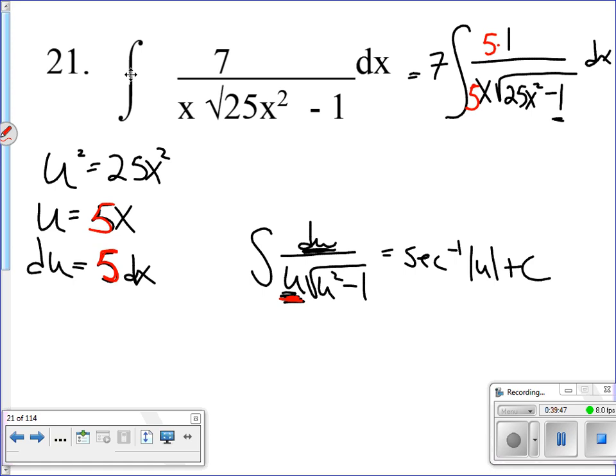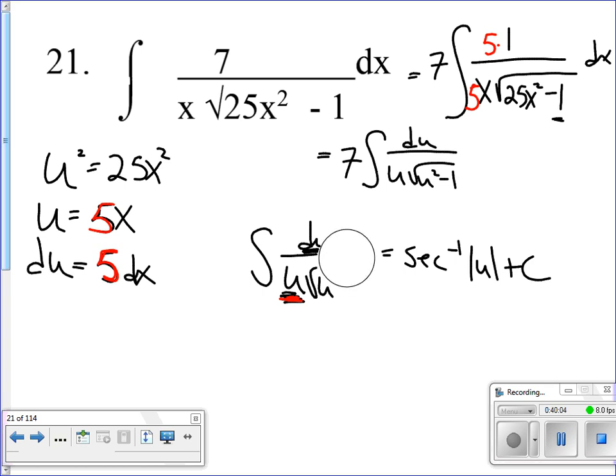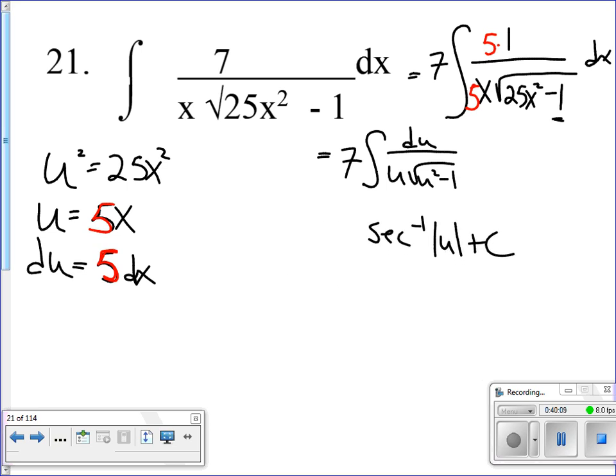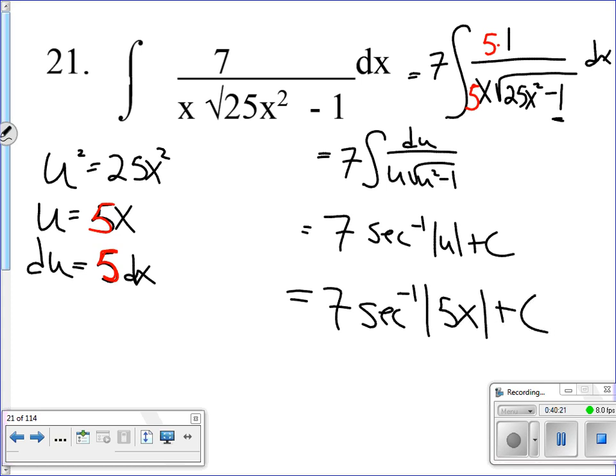So now when I convert this, I just have 7 times the integral of du over u radical u squared minus 1, which equals 7 times the inverse secant absolute value of u, which equals 7 times the inverse secant absolute value of 5x plus c.